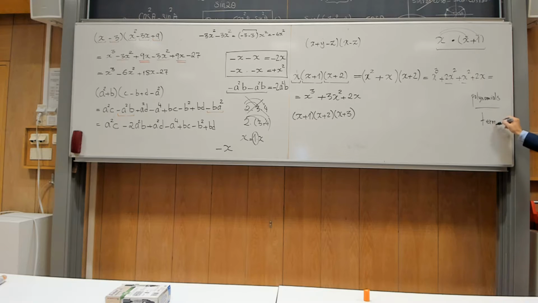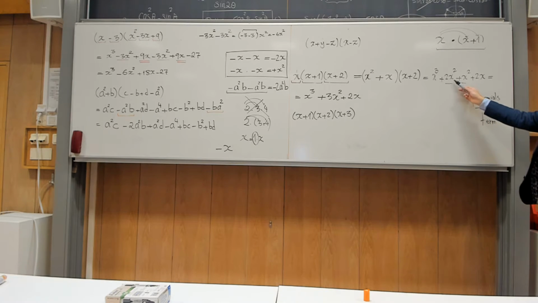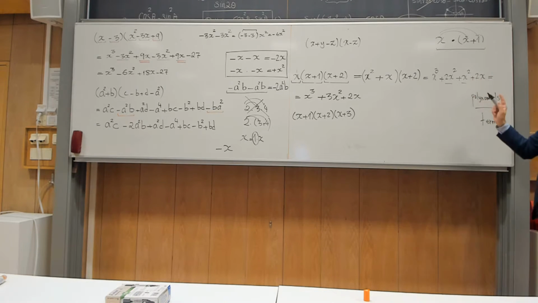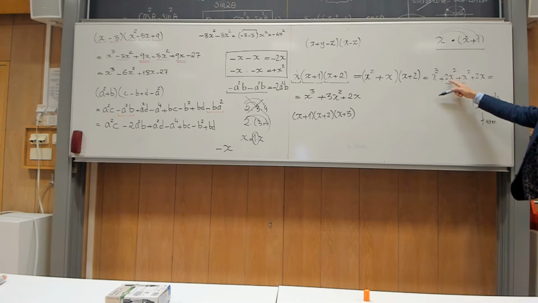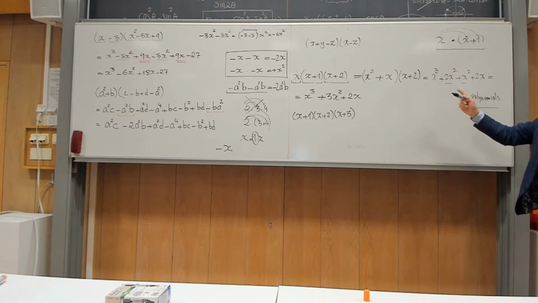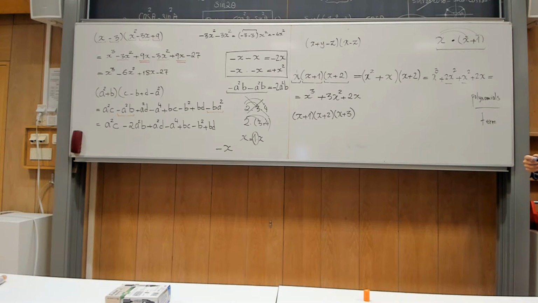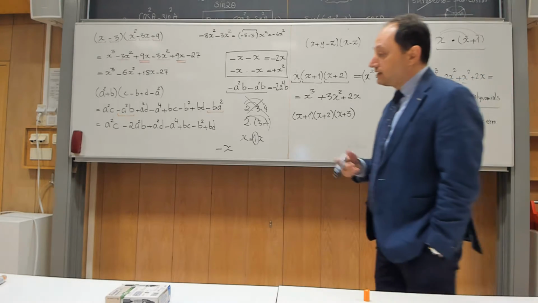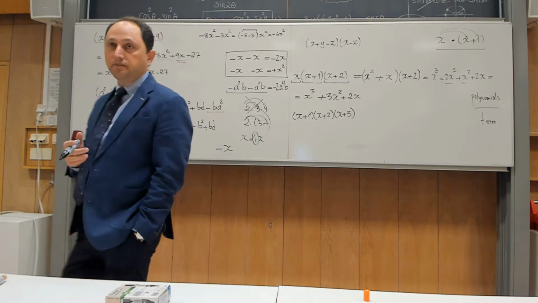This x squared is one term, and this 2x squared is another term. What is the x squared part of the 2x squared? I would say literal part, but there isn't a nice name like coefficient that I am aware of.